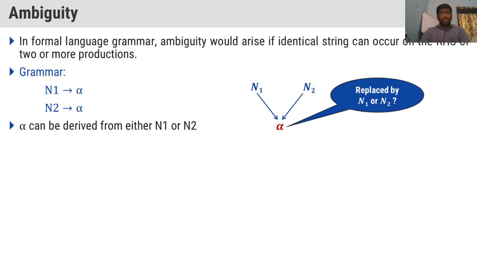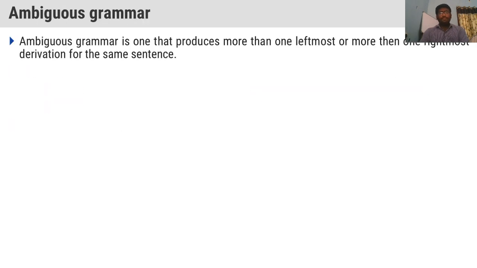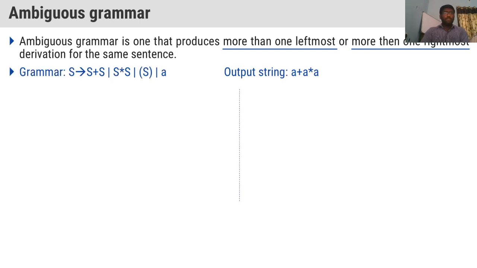So we will also understand with another example what is ambiguous grammar. For the given grammar, if it has more than one leftmost derivation or more than one rightmost derivation, then we can take that grammar as ambiguous grammar. We will take the same example grammar which we have taken earlier.